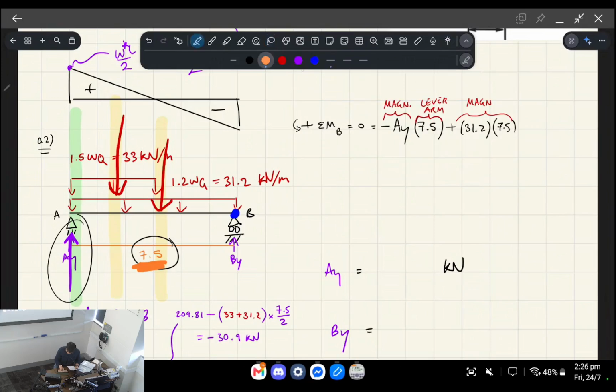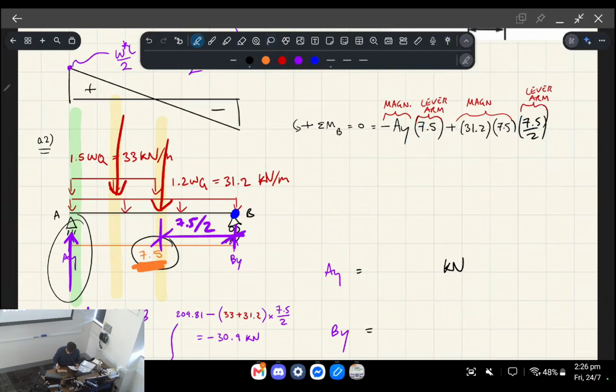So the lever arm is the perpendicular distance from that line of action over to our point of reference B. So we're going to do 7.5 divided by 2. That is going to be our lever arm for this distributed load.